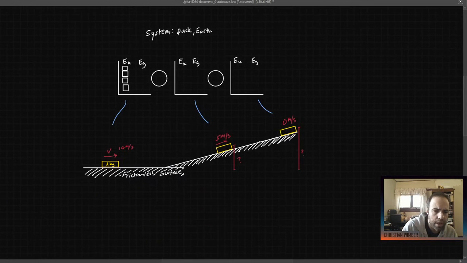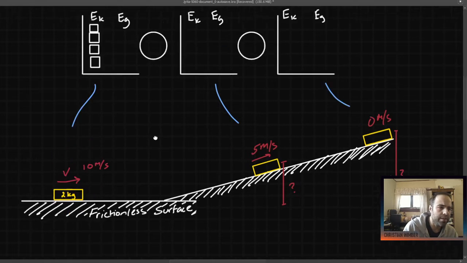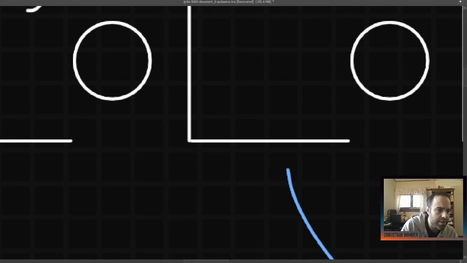All right, so here, our puck has slowed down. In fact, our puck has half the original speed, but it's also gone uphill. So we have less energy stored kinetically, but we have some energy stored gravitationally.